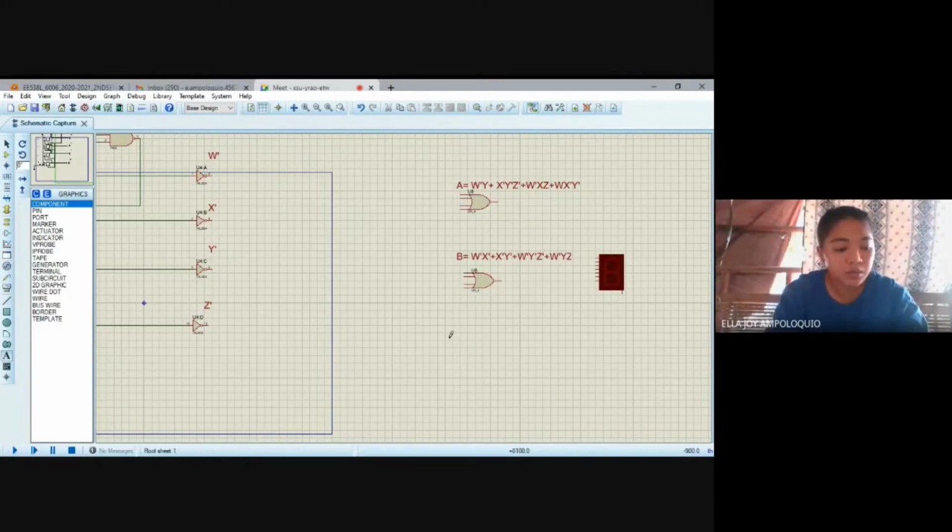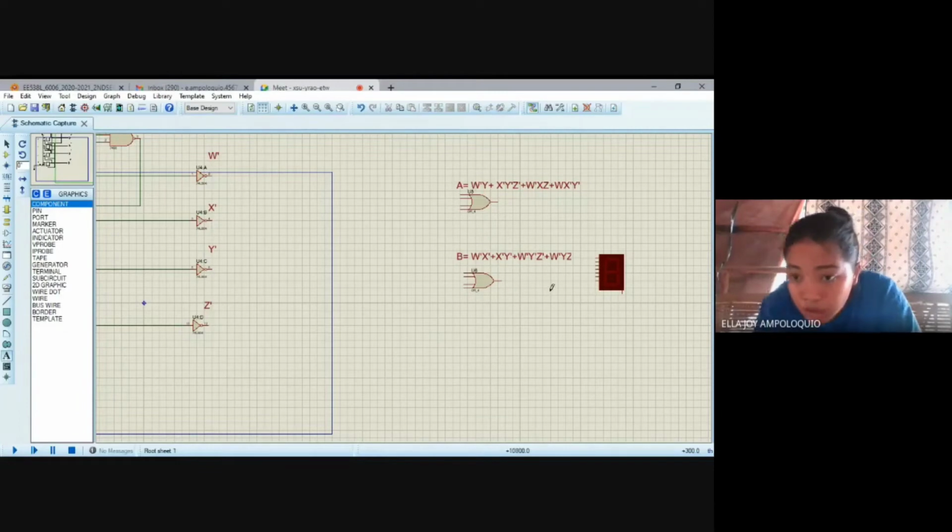Next, let's have the third equation here.